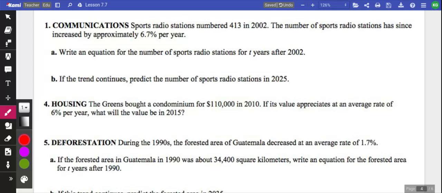So we're starting here. Sports radio stations numbered 413 in the year 2002. The number of sports radio stations has increased by approximately 6.7% per year. So since we know that this is increasing, we know that this is going to be exponential growth.